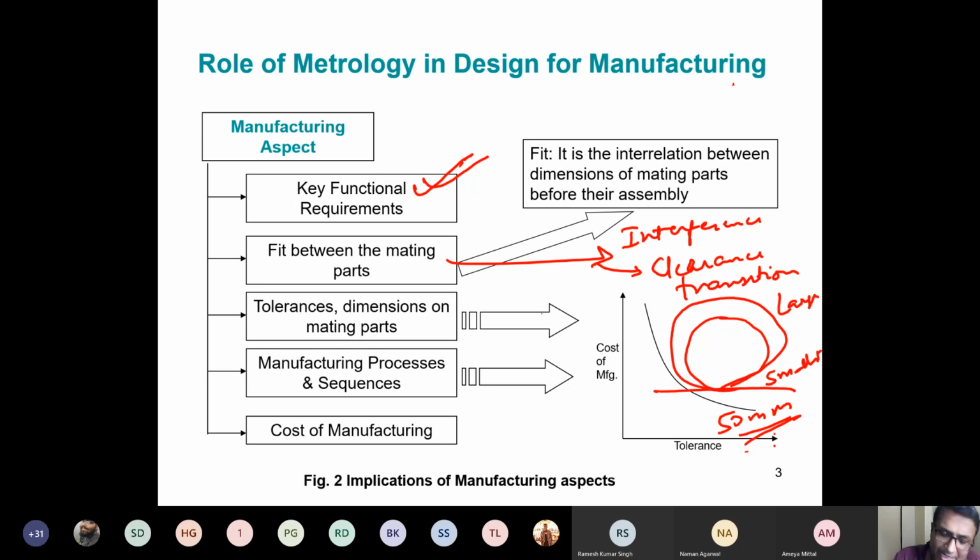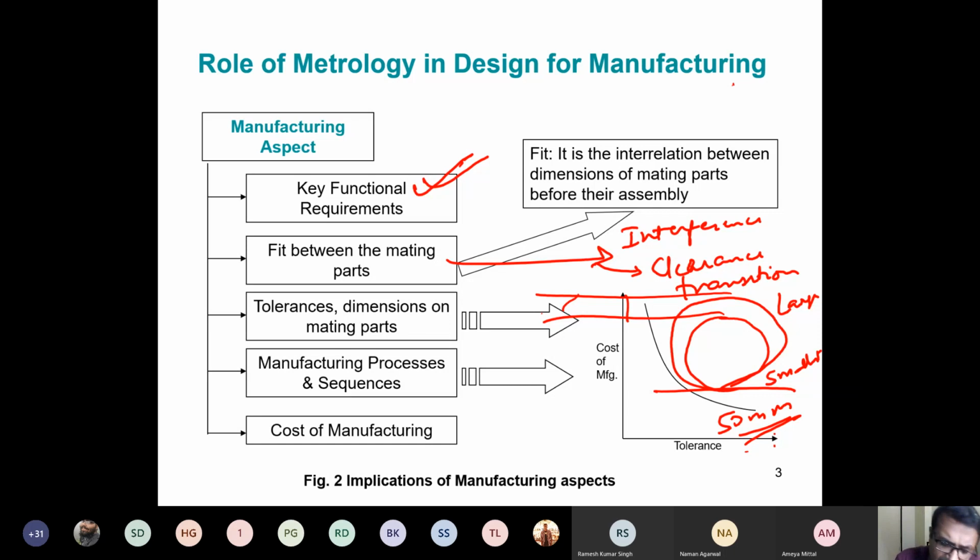And then basically there would be some zero line which will be the size, the basic size which I have defined. So this kind of difference between the smallest and the largest is called the tolerance.